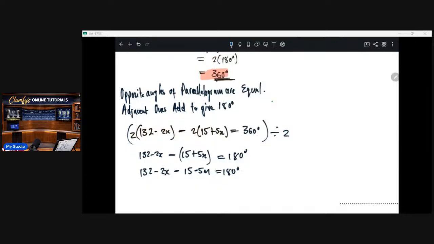So here now, this is an x. All we have to do is find what x represents. And we take who is bigger here, between 2x and 5x. 5x is bigger. Where is 5x positive? On the right, so it goes on the right. So you now say 132, then anything with x is gone. It will be now minus 15.